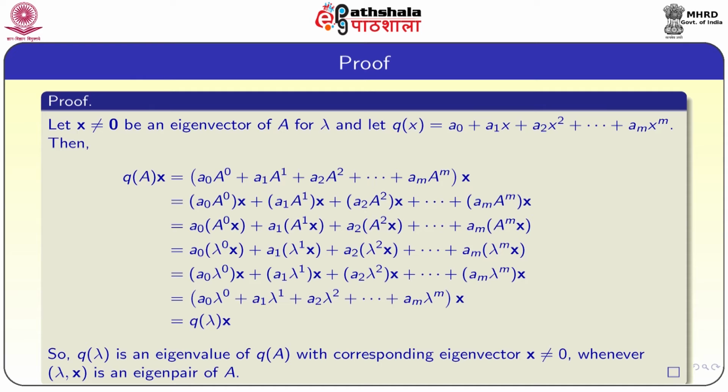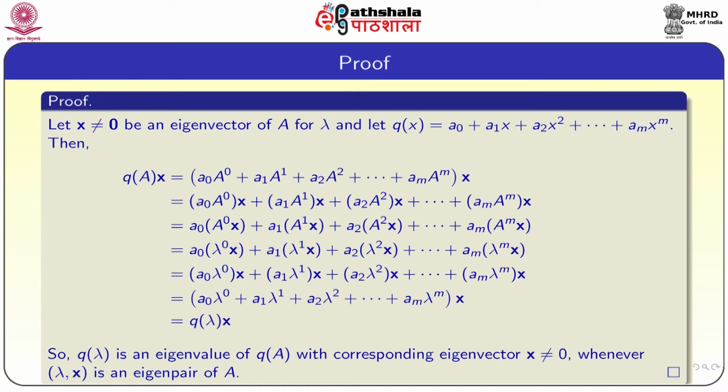So you can bring x inside: a0 into A power 0 x plus a1 into Ax plus a2 into A square x and so on, am into A power m x.